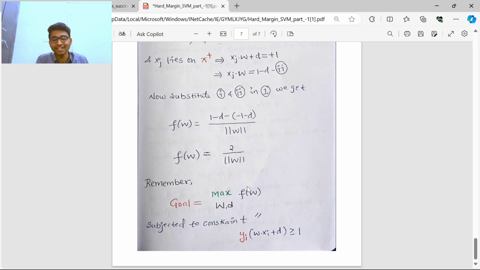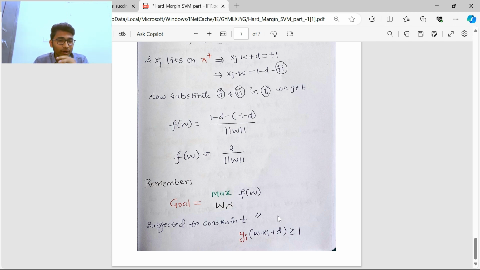That constraint is this: negative points should be below pi minus, and positive points should be above pi plus. That is very strict, and that is why we call it hard margin SVM. I hope you understood the problem formulation. We are going to maximize this f of w subject to this constraint.